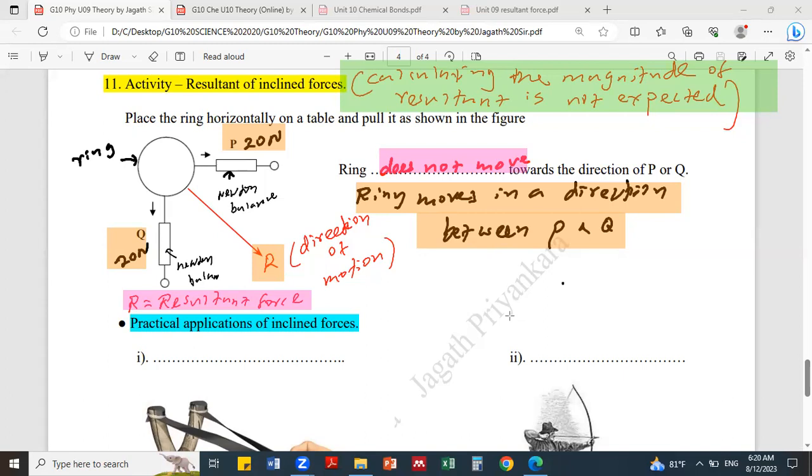So the object moves between the direction of the two forces. That's what you have to remember. Shall I read the screen?